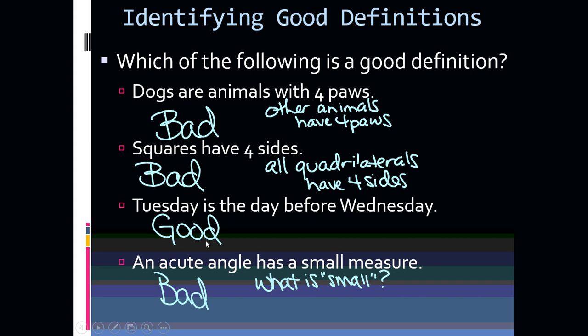That is a good definition because it's definite. An acute angle has small measure. That's a bad definition. What does small mean? Bad definitions are vague and not specific, and you can find a counterexample. But the good one you can prove 100%. So these three are examples of bad definitions, and this is an example of a good definition.